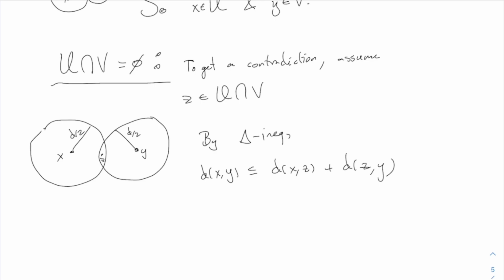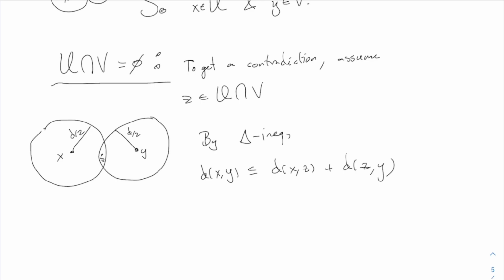What can you say about each of those distances? The distance from x to z and the distance from z to y? You can't say what it equals, but you can give it an inequality. Because z is inside of this ball, what does that mean about the distance from x to z? Less than the distance over 2.